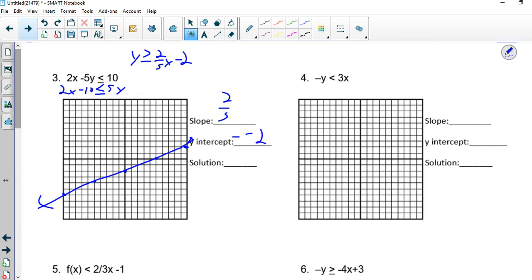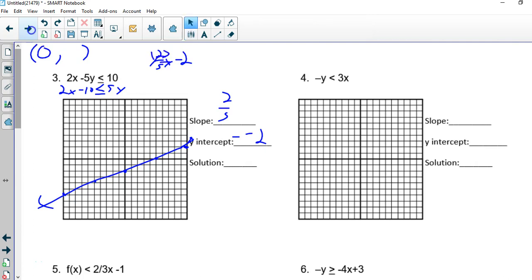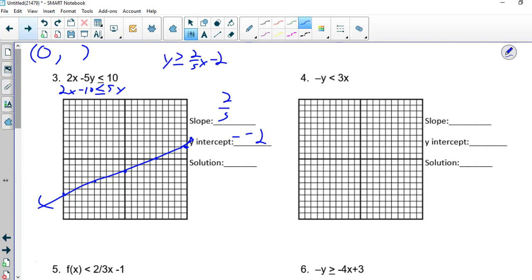Now, I could, though, have also just done the x and y intercept. Plug in a 0 for x, find out y, and plug in a 0 for y, and find out x. If I would have done that, 0 for x will give me negative 5y equals 10, so y is negative 2, and that's the y-intercept we already had.